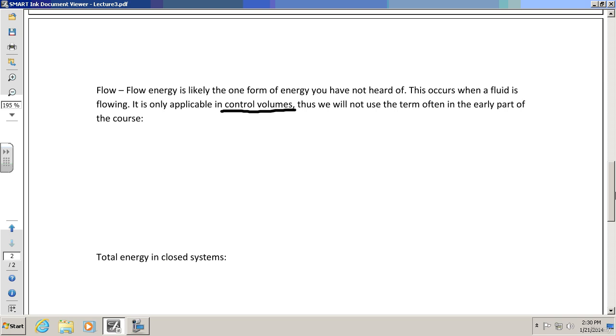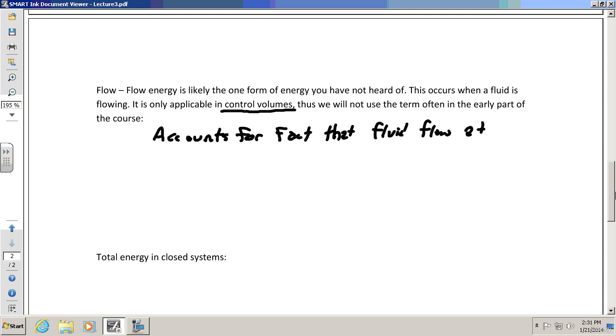So it basically accounts for the fact that fluid flow at high pressures has more energy.